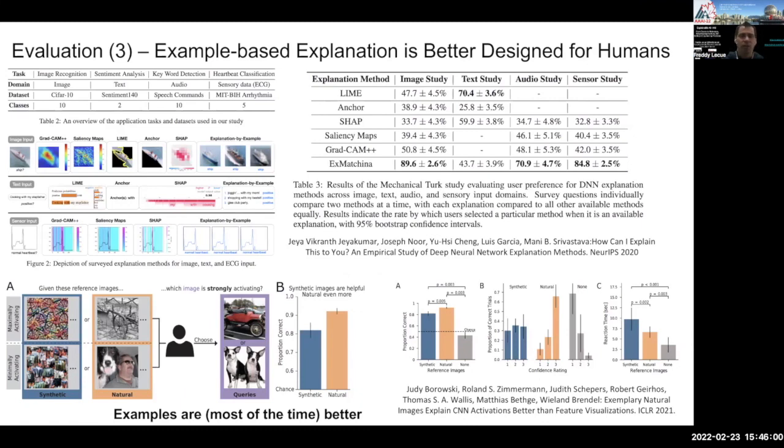And you see here on the table on the right different kinds of data: image, text, audio data, and different techniques. And the last one is the one that provides examples. It's basically saying, okay, we do this classification on this image because of, and they give you examples that are kind of similar. So they try to give you the neighbors of this particular input, that's the way we group.